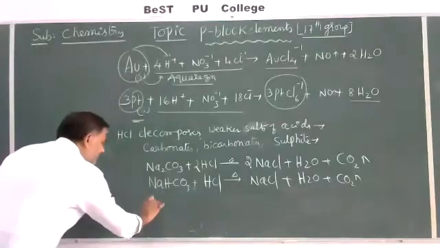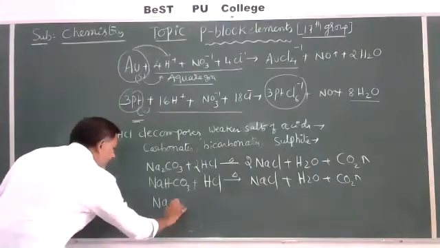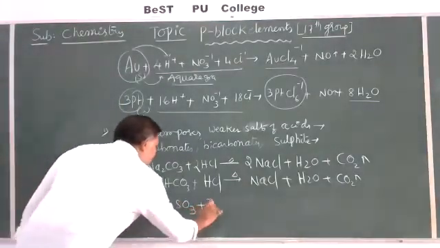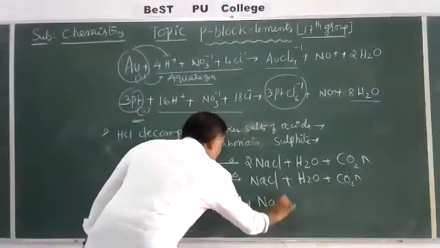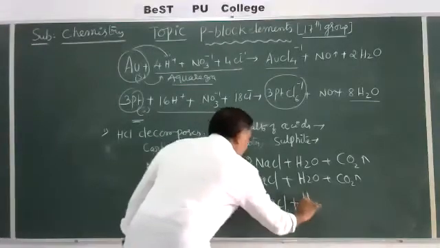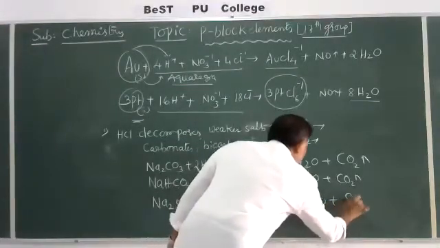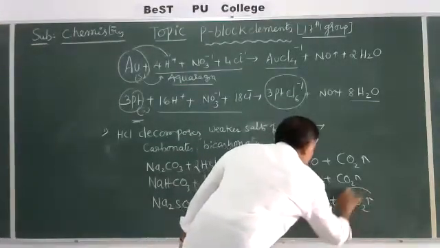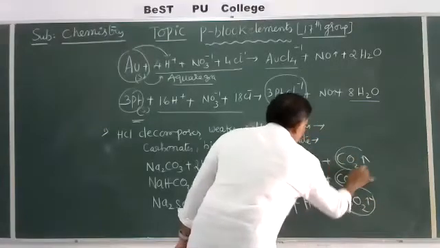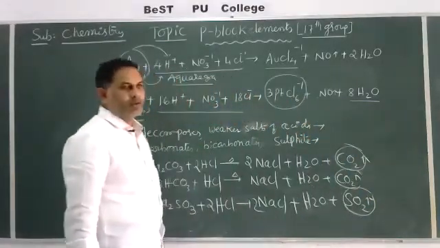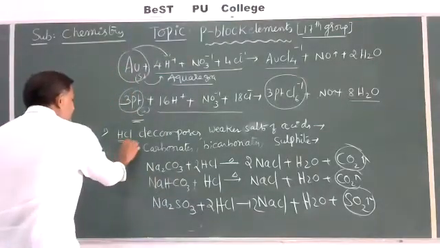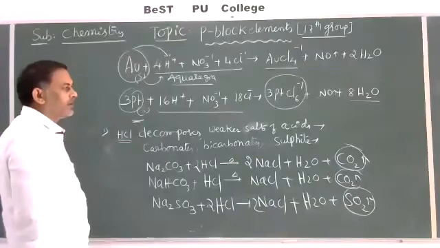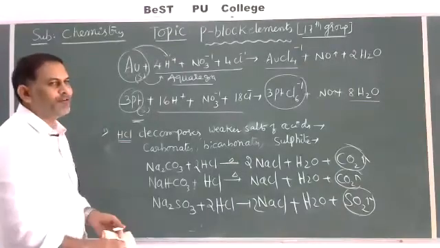Then sodium sulfite, Na2SO3 plus 2HCl gives 2NaCl plus H2O plus SO2 gas is liberated. These are the corresponding gases. So these are very important reactions. HCl decomposes the salts of weak acids.